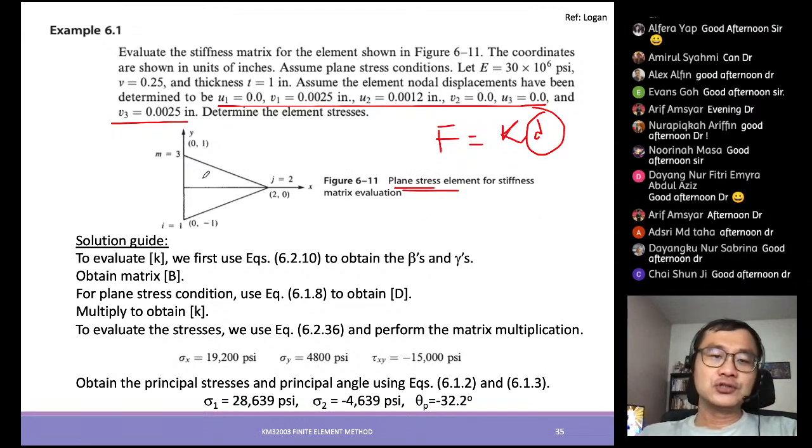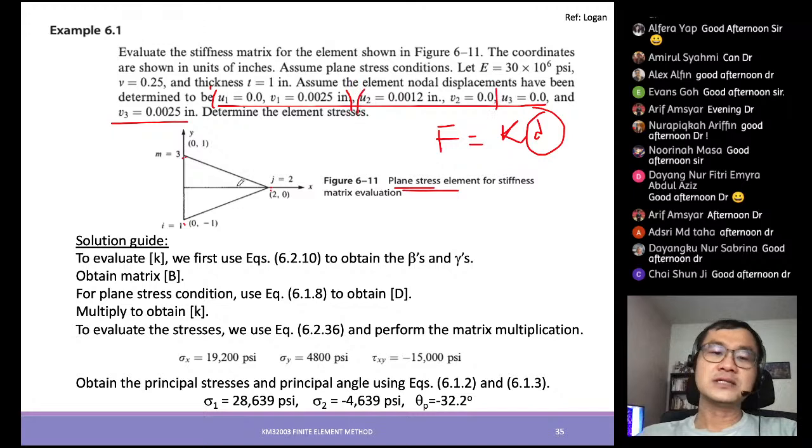So using this, we have 3 nodes, labeled as node number 1, M is node number 3, I is node number 1, J is node number 2, and the coordinates are given as (0, 1), (0, -1), and (2, 0), right? So the coordinates are given, the displacement for every single node is given, right?